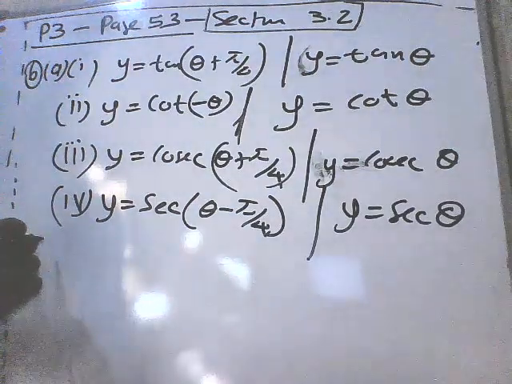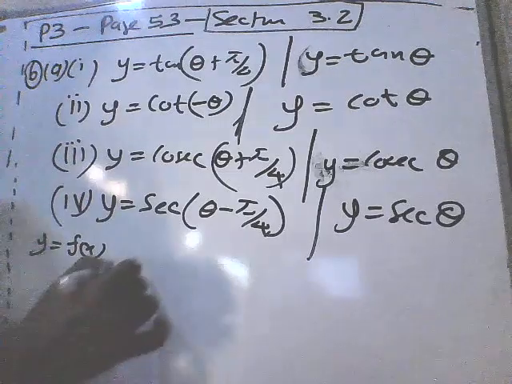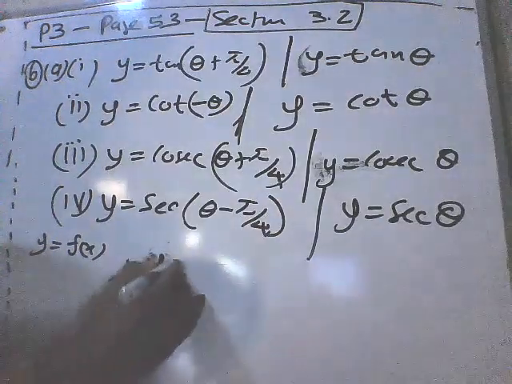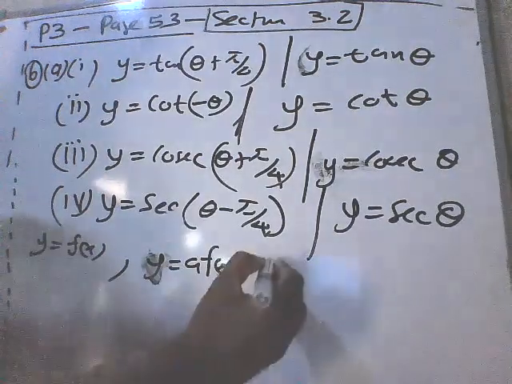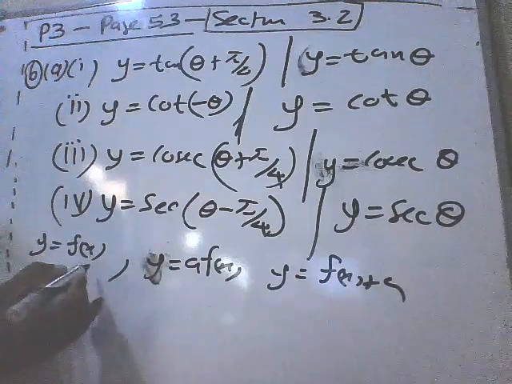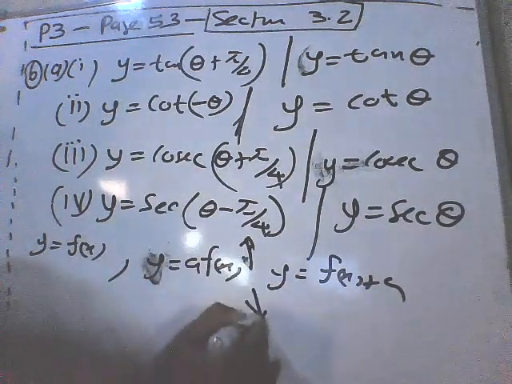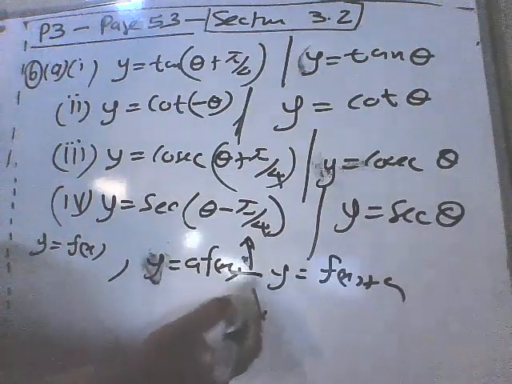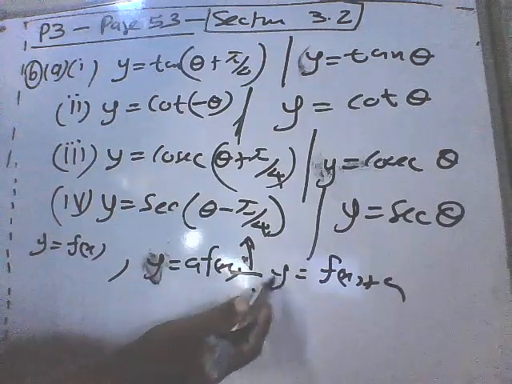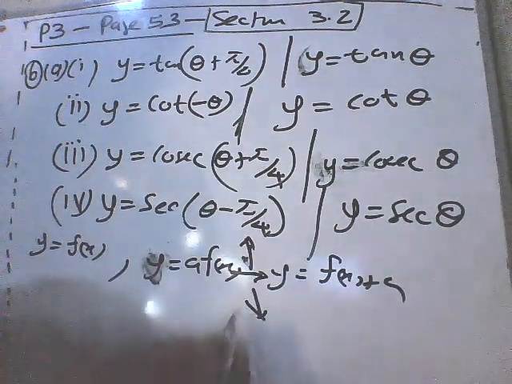Now the transformation, if y equals f(x), what would be the transformation of y equals a f(x) and y equals f(x) plus a? Here it will stretch, taking the x-axis as the reflection axis, and all the coordinates become 2 times.